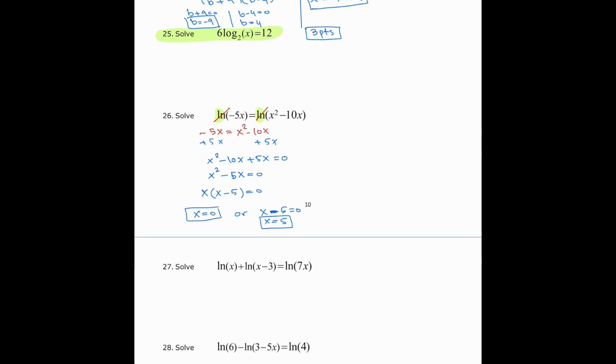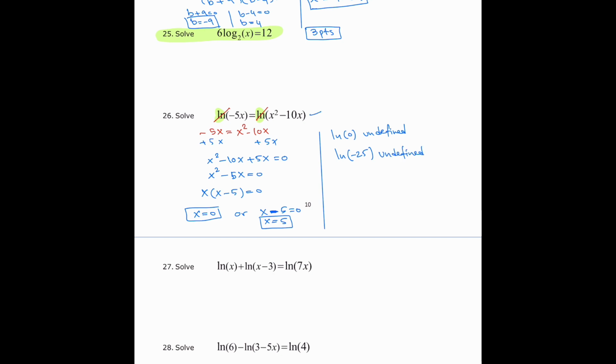Notice neither one of these solutions would work because if you plug back the 0, ln of 0 is undefined. If you plug back 5, you're going to end up with ln of negative 25, which is also undefined.